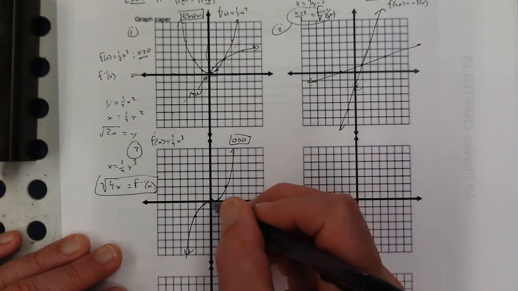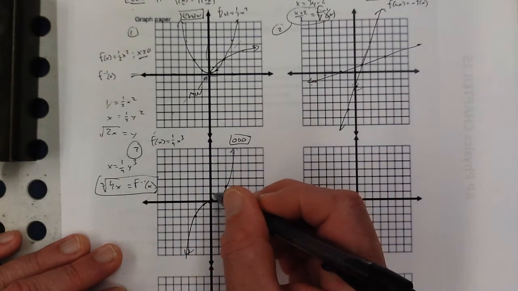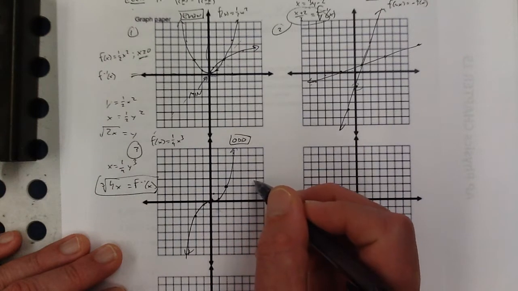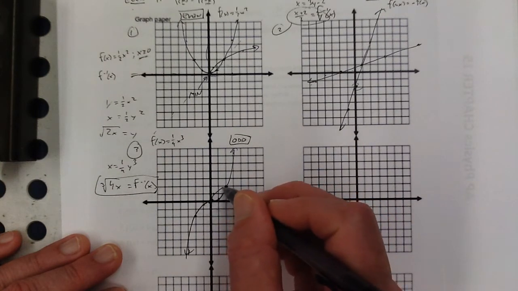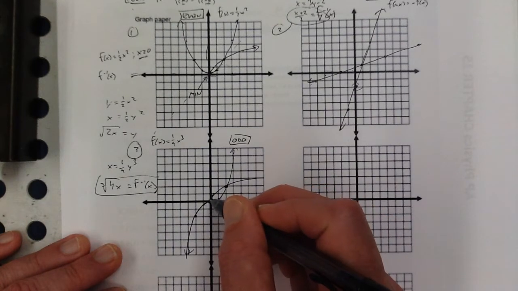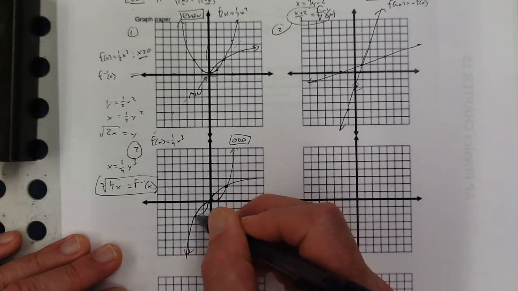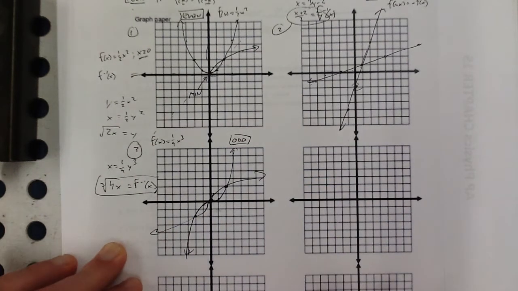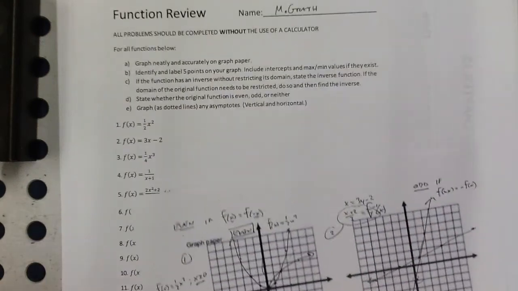And just have to invert all those points. That's going to be in the same place. So something like that. I did it okay there. Here's the inverse. Swap all the y's and x's.